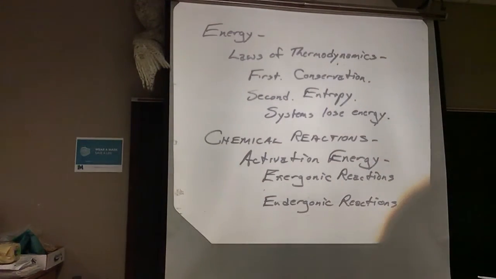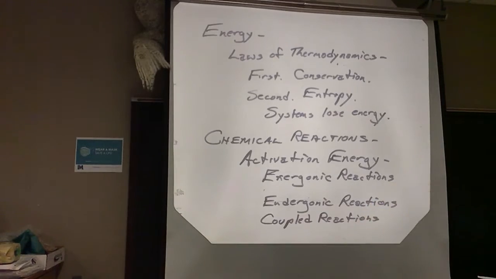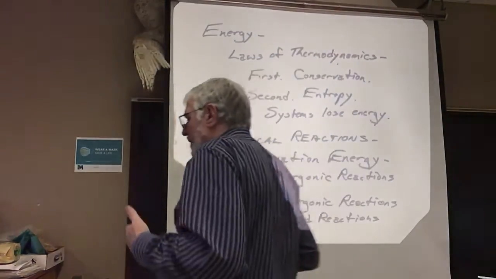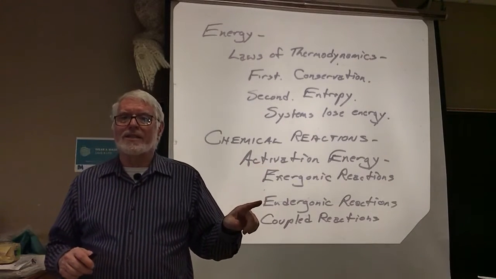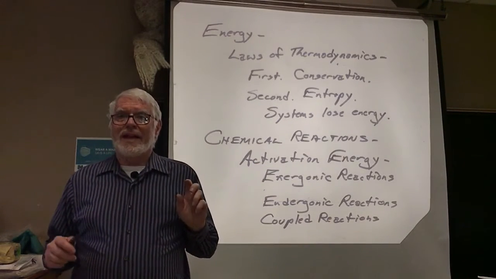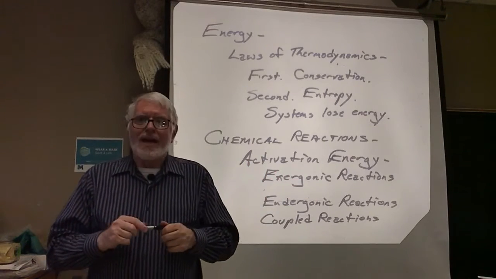Now here's another thing that shouldn't be a huge surprise. In living things, very often, if you want to get a reaction going and it's an endergonic reaction, you got to feed it energy. Well, we have chemicals to do that.